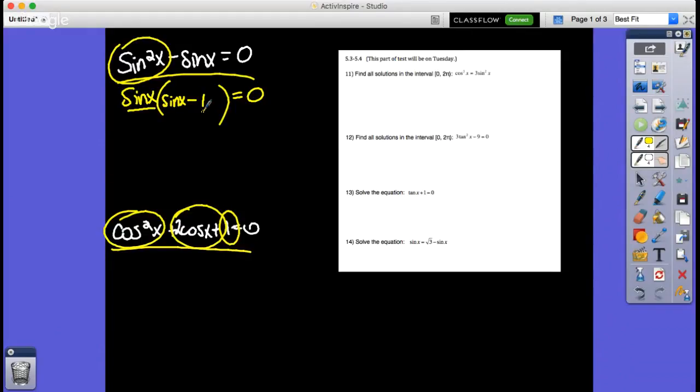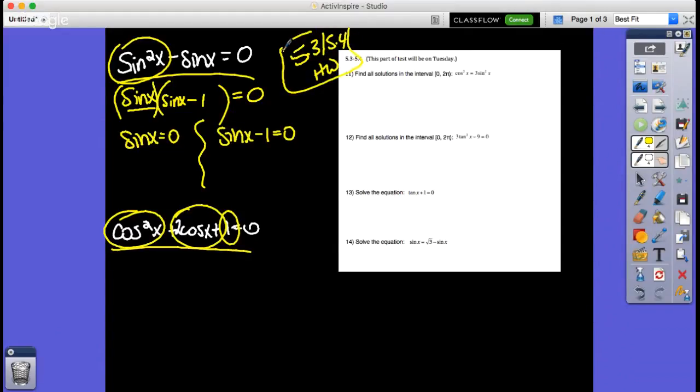Since we've got it factored out, we can set both of these equal to 0 and solve. So sine of x equals 0, and sine of x minus 1 equals 0. Just a heads up, the 5.3 and 5.4 HW is a good way to look right there.